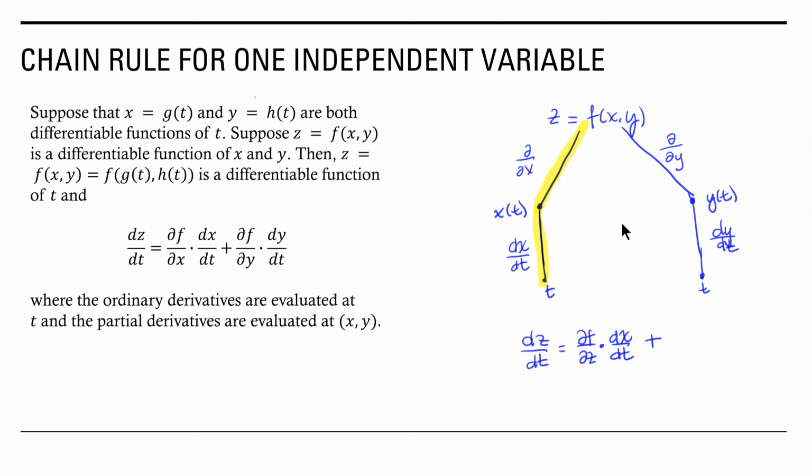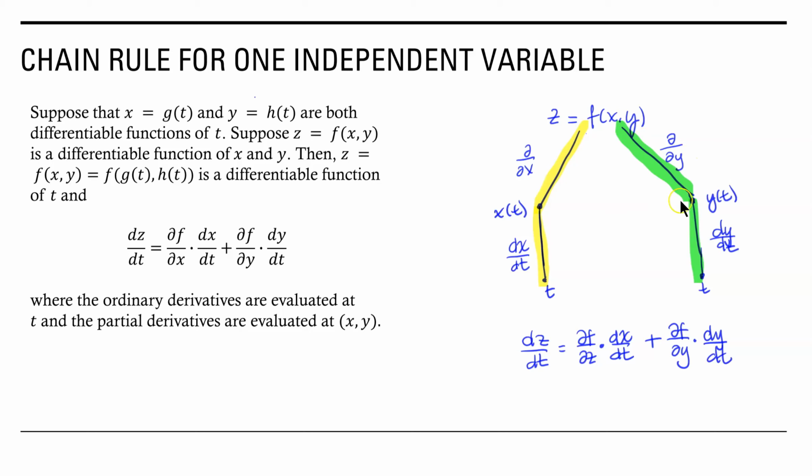Plus, and now I go down my right-hand branch, so I need to apply the partial with respect to y to the function f, so we have partial of f with respect to y, times, and then continuing down that branch, we need to know how y changes with respect to t, so dy dt.